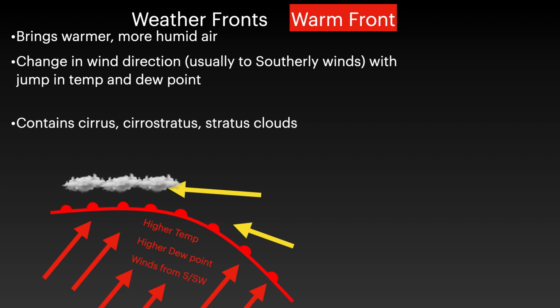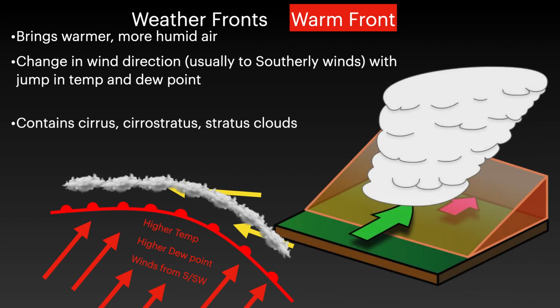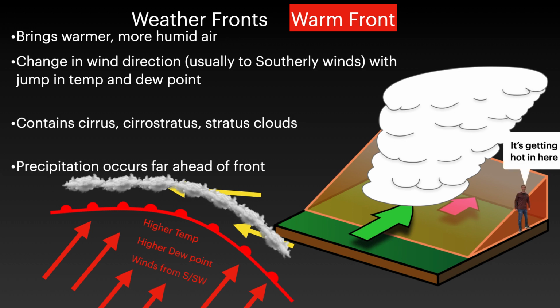A warm front will contain cirrus clouds transitioning to thicker stratus clouds as you get closer to the frontal boundary. This is shown here and means that any precipitation formed at a warm front will usually occur ahead of the front. A cold front has it at the boundary, where a warm front has it ahead of the boundary, which is shown here.